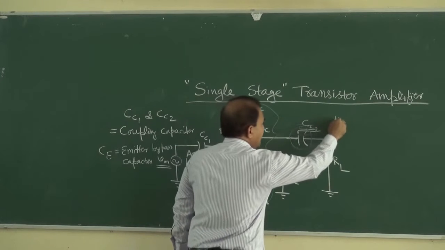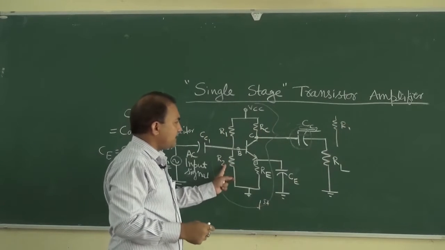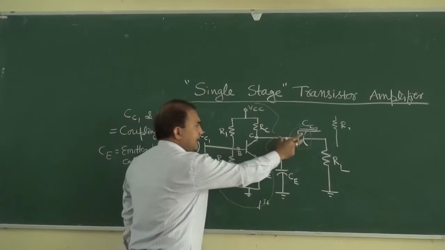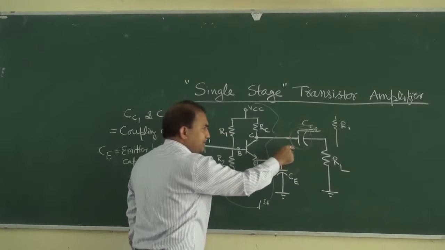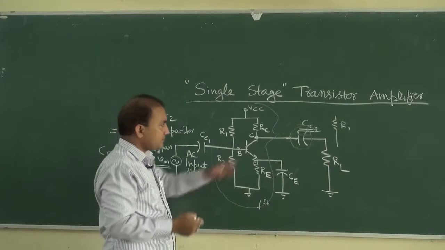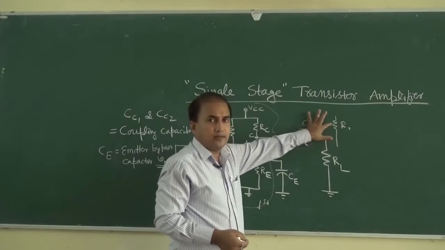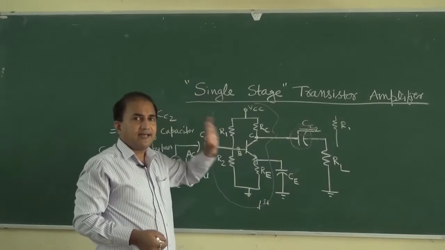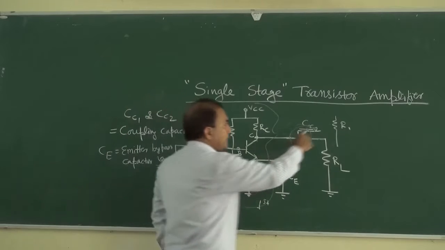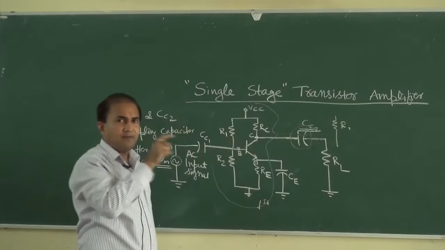In the second stage it will be R1, RC, R2 and RE, the same diagram. It will be coupled by this coupling capacitor, and if this coupling capacitor is not present, then what will happen? Then RC will be directly connected to R1. So this will affect the operating point, the biasing condition of the next stage of the amplifier.